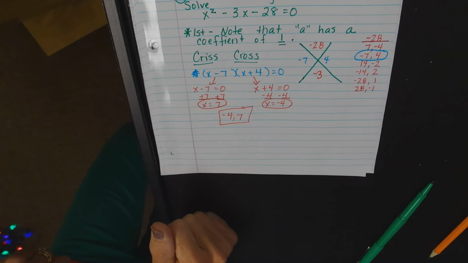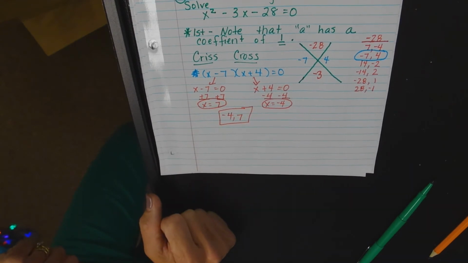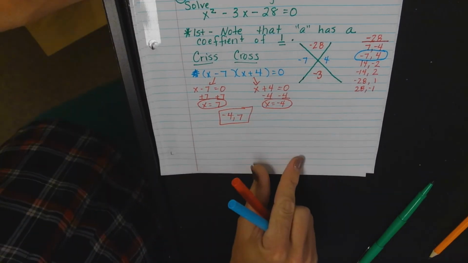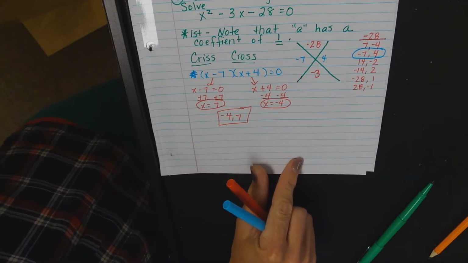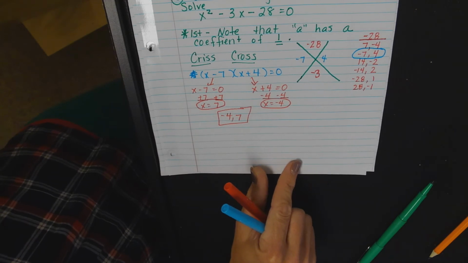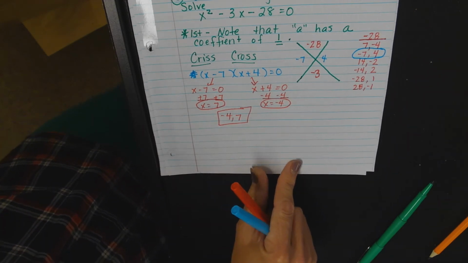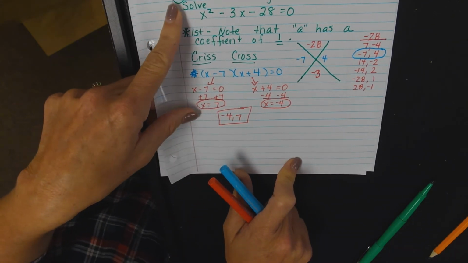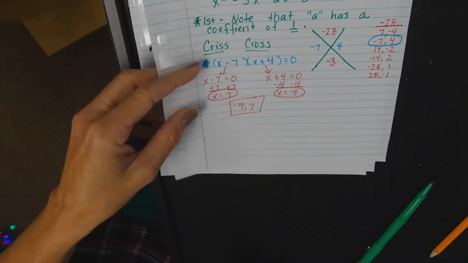So it could be 7, comma negative 4. Yeah, okay. Let's do another one. It doesn't matter. All right, let's move on.